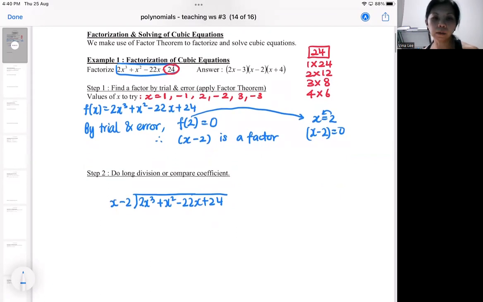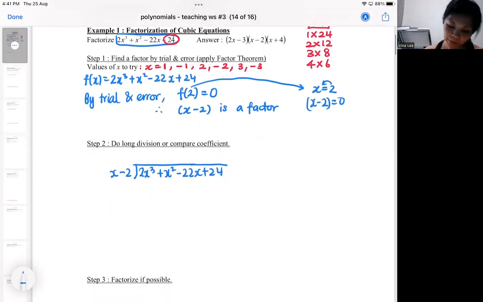In this long division method, it can be replaced by compare coefficient, or there's another method called Horner's method, or synthetic division. Your teacher will teach you a method. You can use any method for this section, but the long division is the foundation method. So you should be able to do your long division.